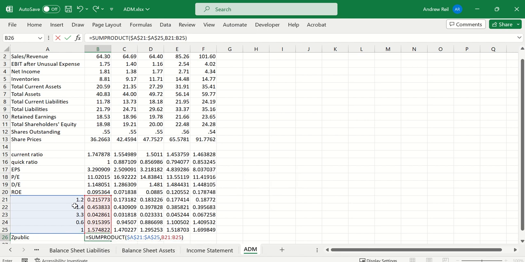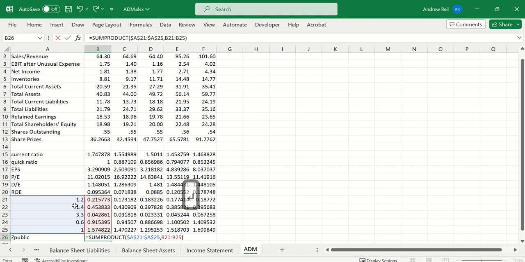What this array means is that it knows that there is the same number of rows in these two columns. So it knows to take the 1.2 and multiply it by the one beside it, 0.215. And then add that to the next one, 1.4, multiplied by 0.45. So it does it for us. That's what a sum product does.